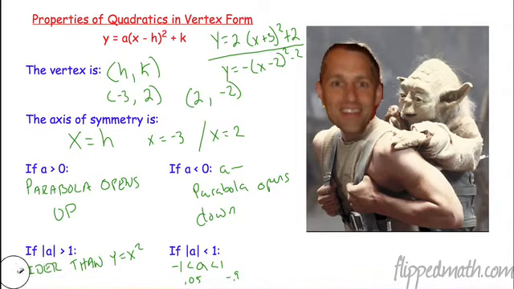It's thinner, narrower, okay? It's narrower. See, it's kind of counterintuitive. You'd think as it gets bigger, it would open up much bigger, but it's not. As it gets bigger, it actually gets narrower. When the absolute value is less than 1, that's when it is wider than the parent function of y equals x squared. All right, I hope that makes sense.